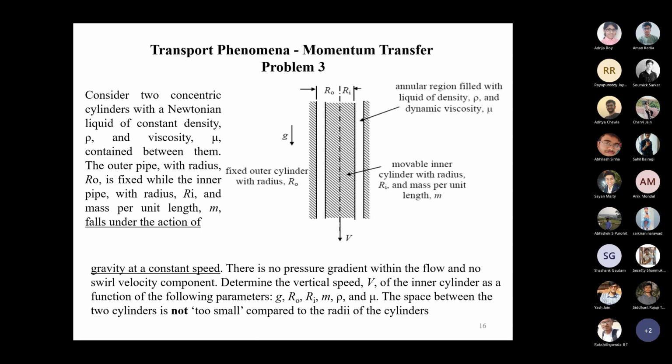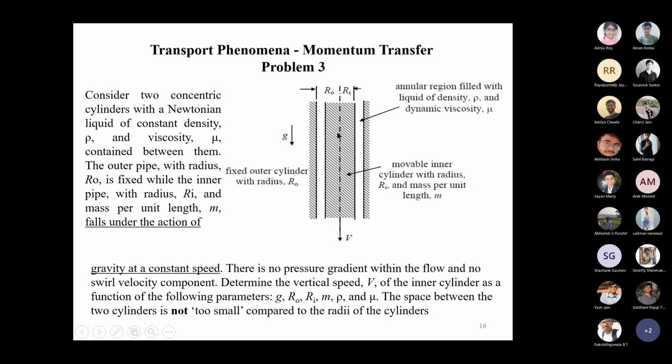So it is that condition which we are trying to model, to see what that constant speed would be, the vertical speed v of the inner cylinder, as a function obviously of geometric parameters, for example r naught and ri, the operational parameters, which is essentially m, the mass per unit length of the cylinder, and the thermophysical properties of the liquid, which in this case would obviously be the density and the viscosity.